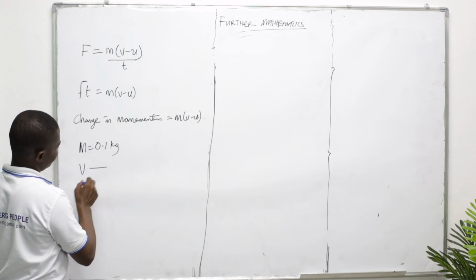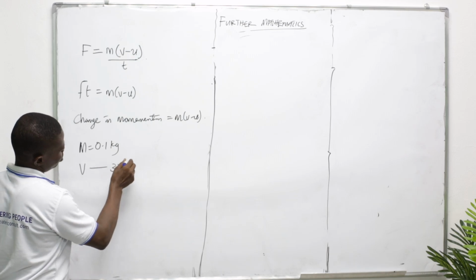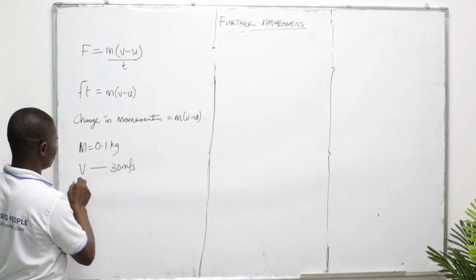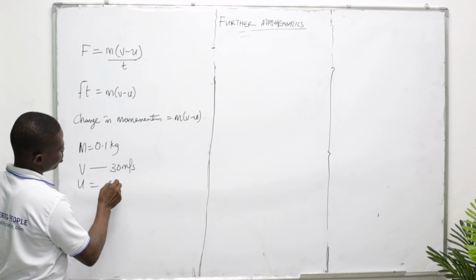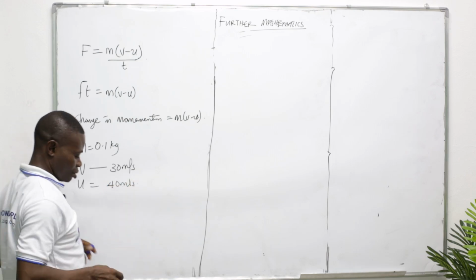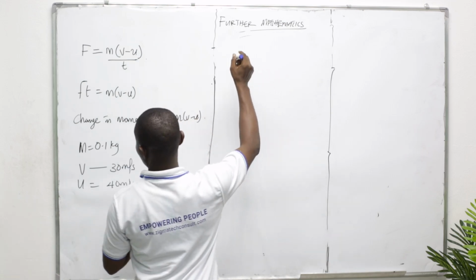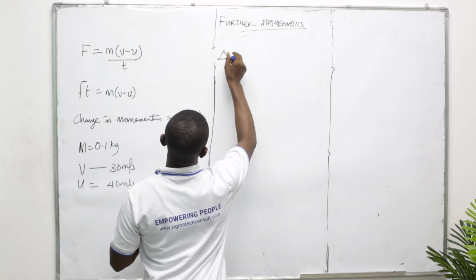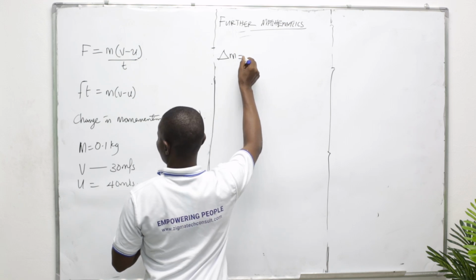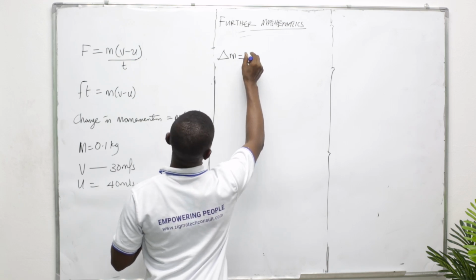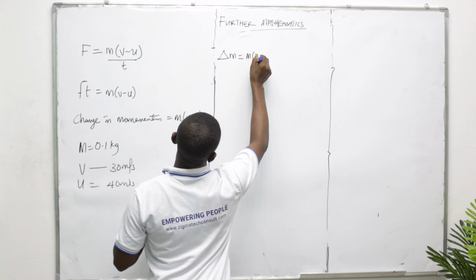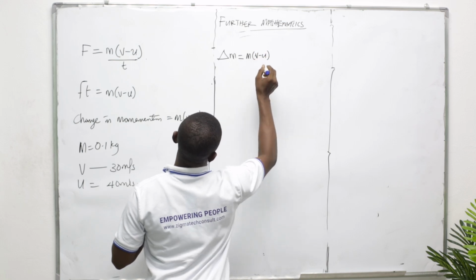Final velocity is 30 meters per second. Initial velocity is 40 meters per second. Now, change in momentum equals M into V minus U.